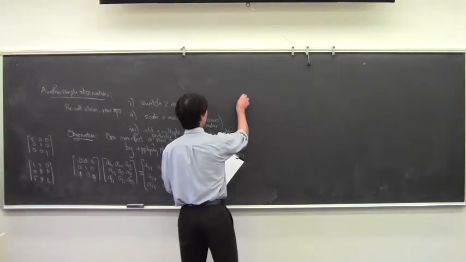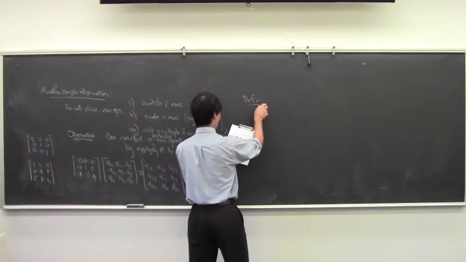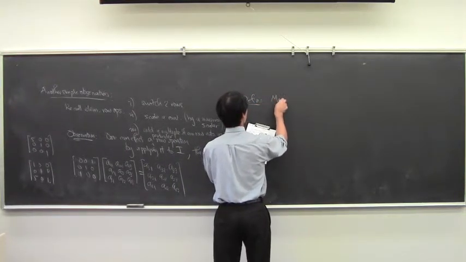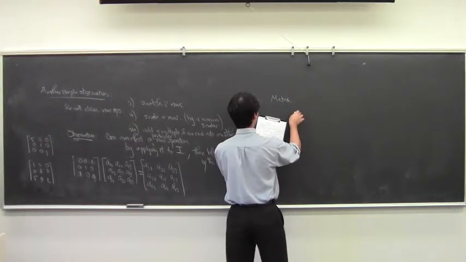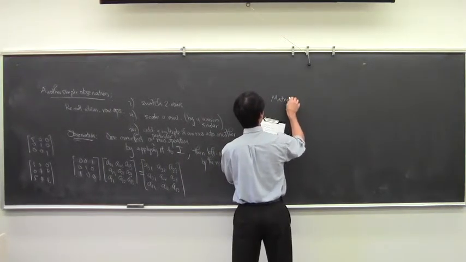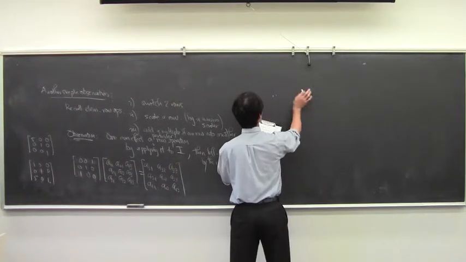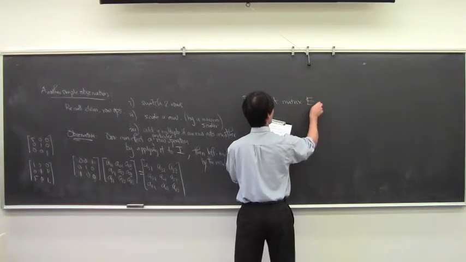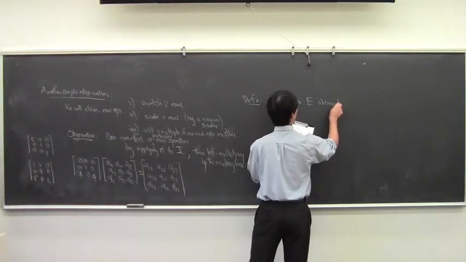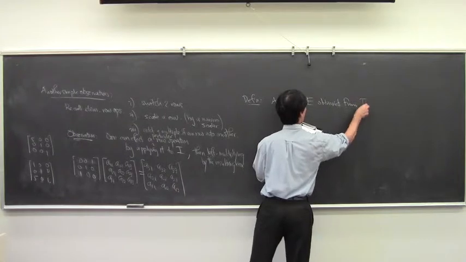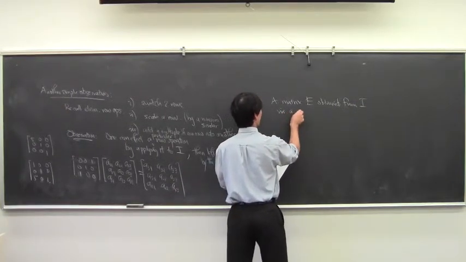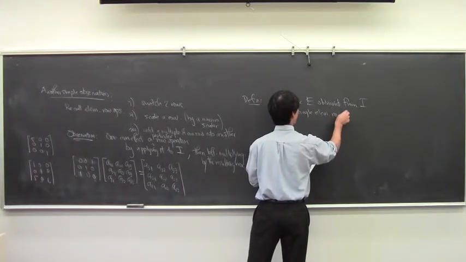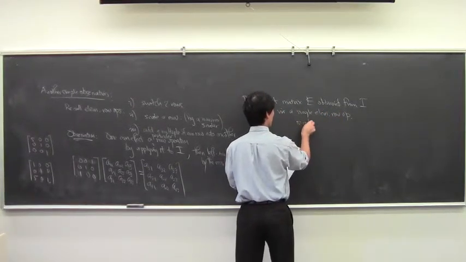Okay, so these matrices so obtained: a matrix T obtained from I via a single elementary row operation is called an elementary matrix.